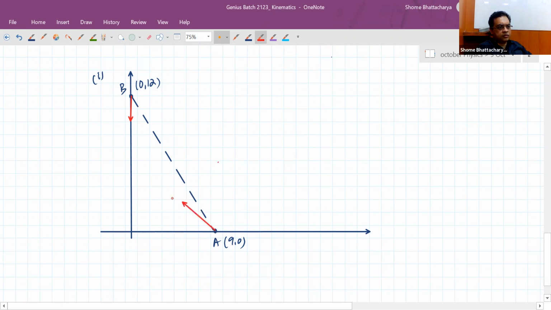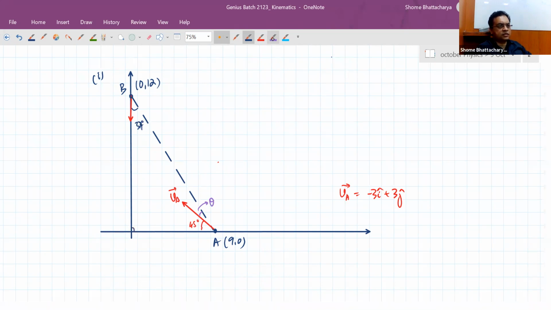Because we have taken VA as minus 3 i cap plus 3 j cap, realize that this angle is 45, which means that this angle here will become how much? It becomes 8 degrees.